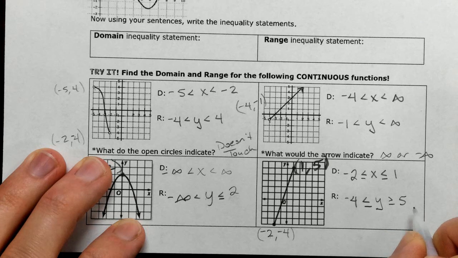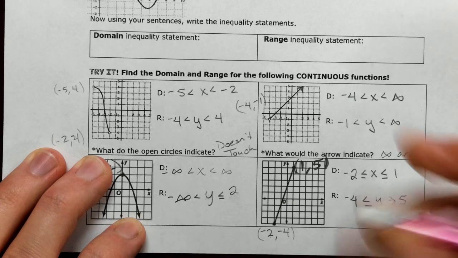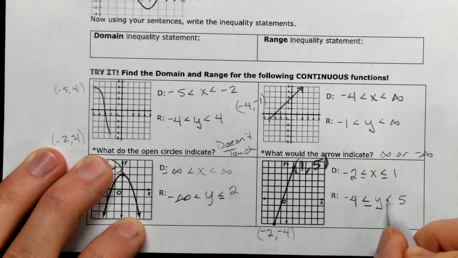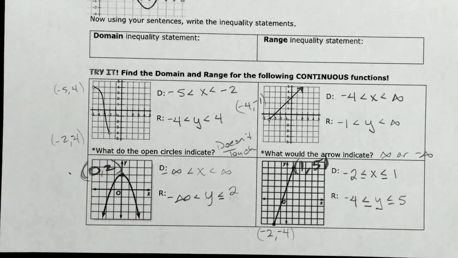Well, I mean, the other way around. Less than or equal to 5. Perfect. Riley, do you agree with the range? Do you agree with Uzman?